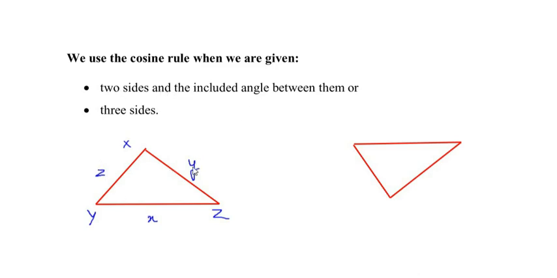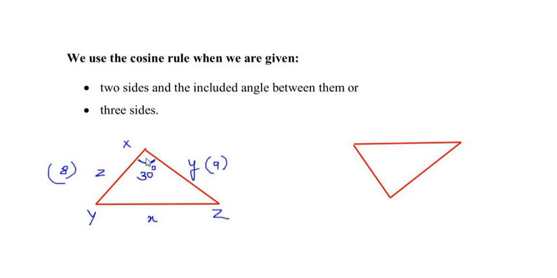So for example, these two sides are given as 8 and 9. So two sides are given and an included angle is in between them. Between these two sides this angle has to be given in the question. So probably this will be 30 degrees.